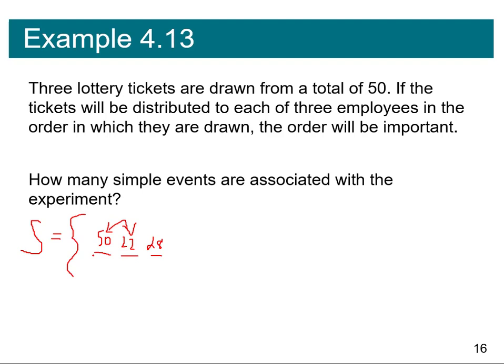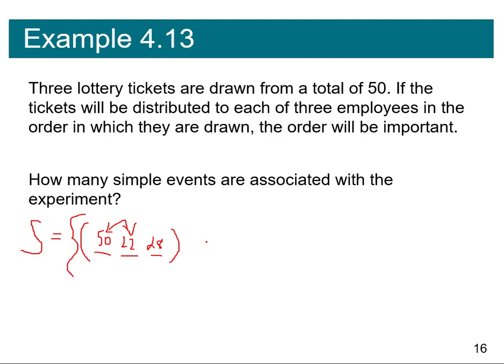So for this question, the order in which we write the elements of the sample space is important or relevant. The question is how many elements are going to be in the sample space, because this is just one element. This would be one possible case when we distribute the 3 tickets.